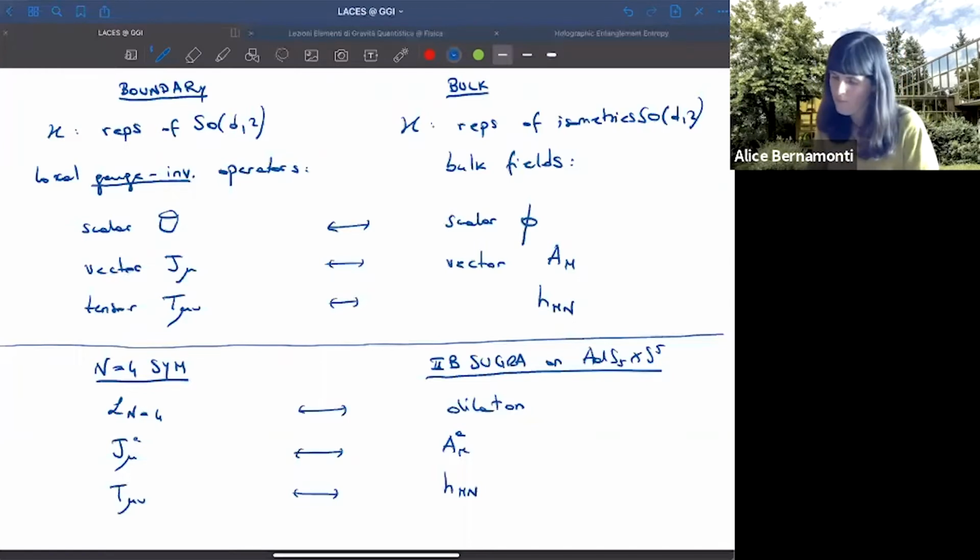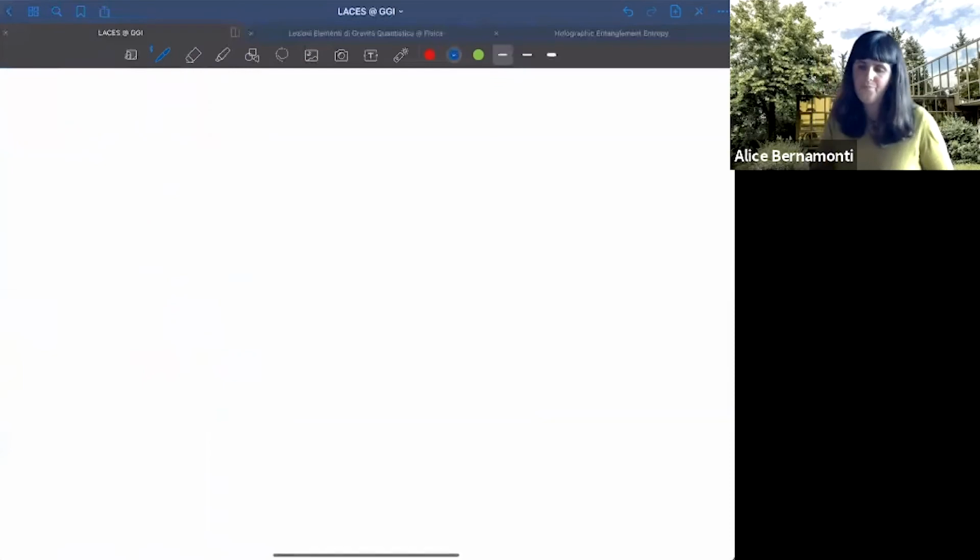This last point is clearly natural from the mathematical point of view, since we are pairing symmetric tensors, but it's also very natural from the physical point of view, as we will comment on in a moment. Okay, so let's develop a bit further on these field operator relations, and let's start from the quantum field theory point of view.